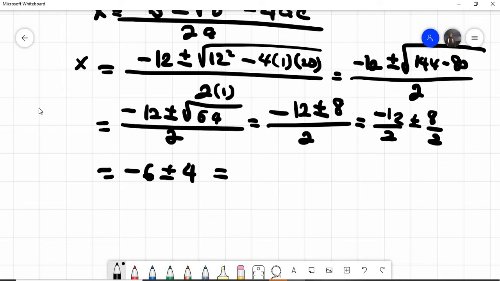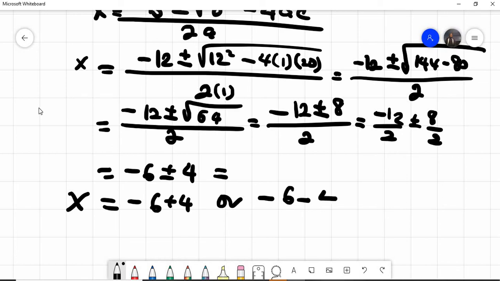And so x equals minus 6 plus 4, or minus 6 minus 4. So x equals minus 6 plus 4, which is going to be negative 2, or minus 10.